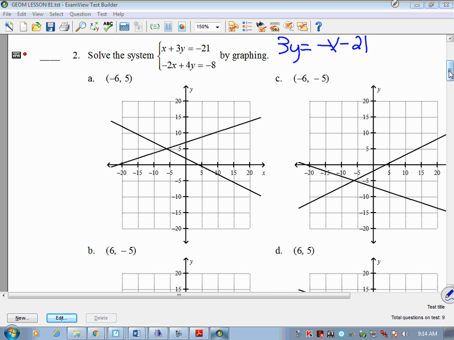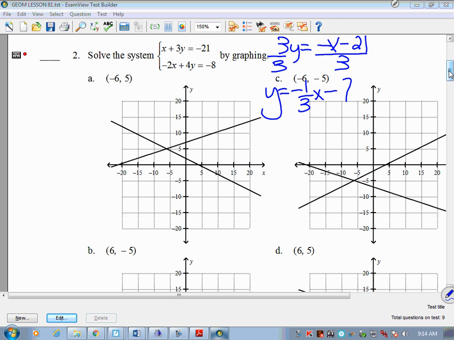The only thing that's keeping this from being y equals is what? No, the 3. How do I get rid of that 3? Divide by 3. So we're getting something along the lines of y equals negative 1/3 x. What's negative 21 divided by 3? Negative 7. Can I graph y equals negative 1/3 x minus 7?